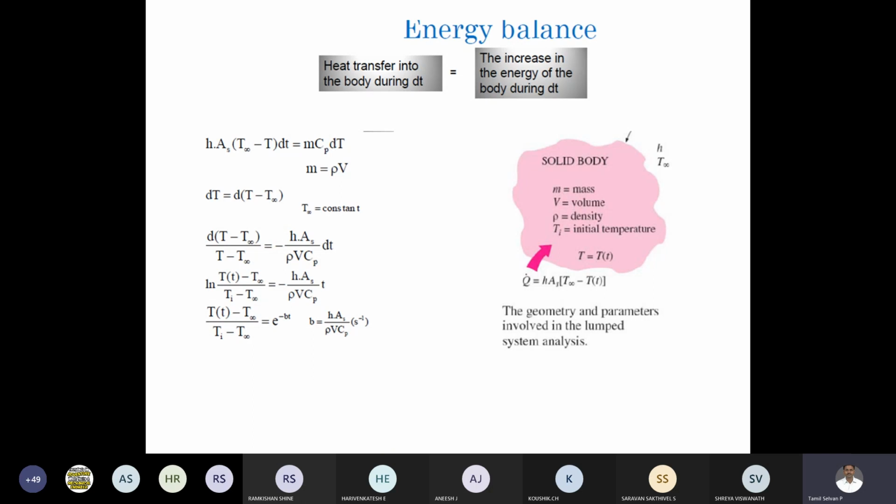In case of heating, heat transfer into the body means the increase in energy. In case of cooling, the heat lost by the body will be equal to the decrease in energy. Am I correct or not? Now, let me write the expression here.